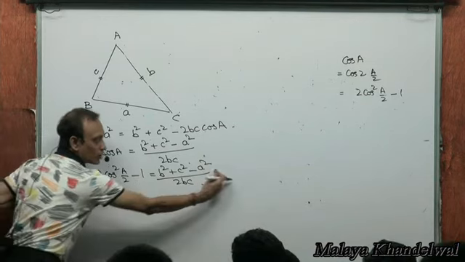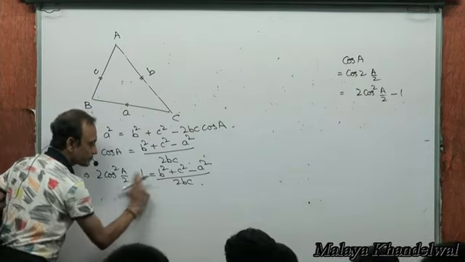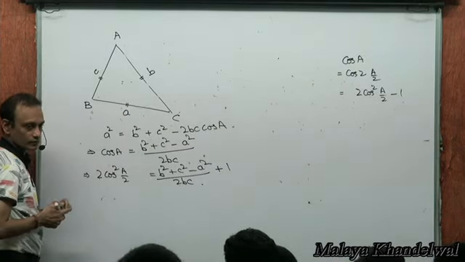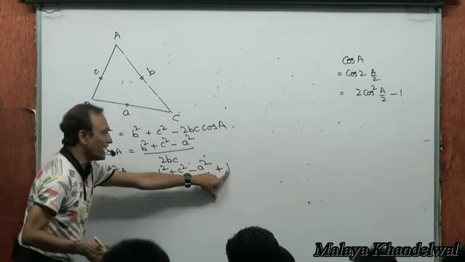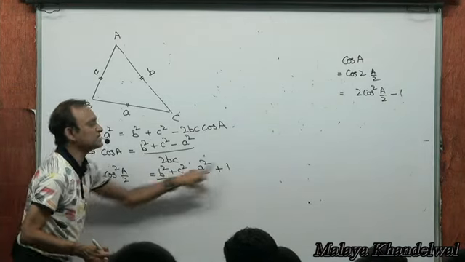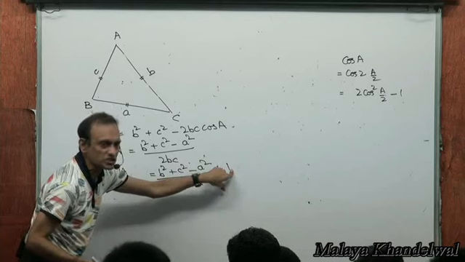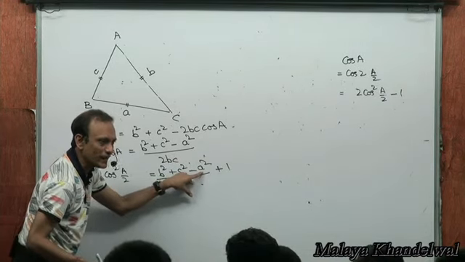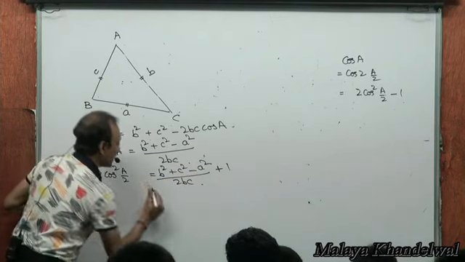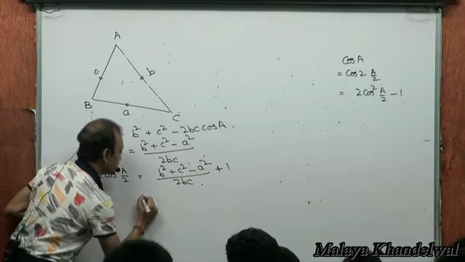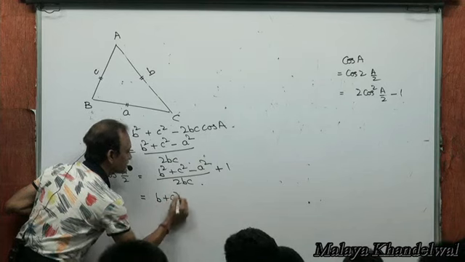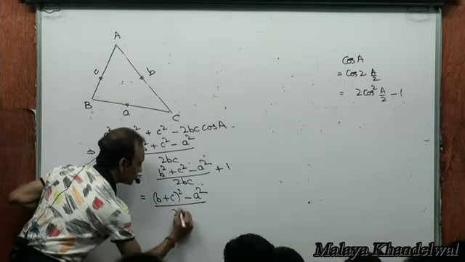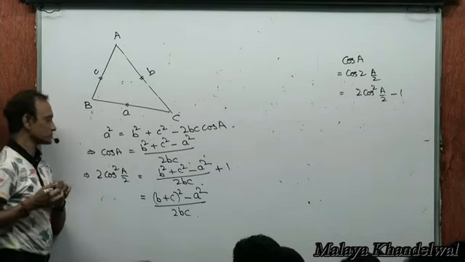I transpose this 1 on the right hand side, plus 1, right? And then when I add 2bc, I have b squared plus c squared plus 2bc, which will give me b plus c whole squared minus a squared, yes or no? So when I carry out the addition, I get b plus c whole squared minus a squared by 2bc, yes or no?